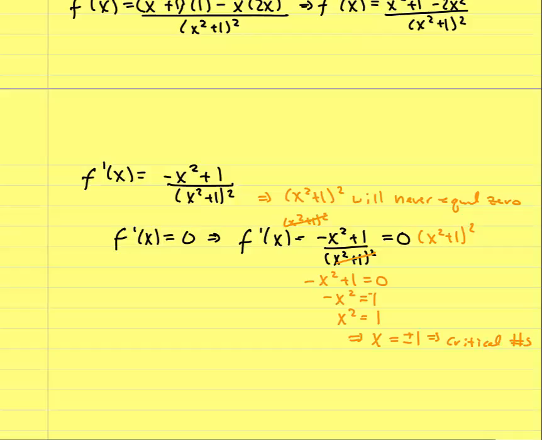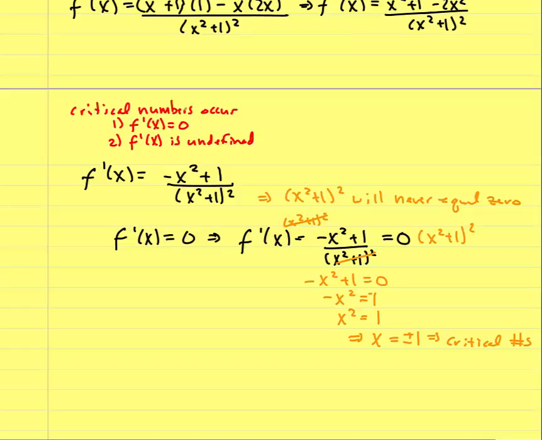So again, critical numbers occur in two places: first, when the derivative is equal to 0, and second, when the derivative is undefined, or when the derivative does not exist.